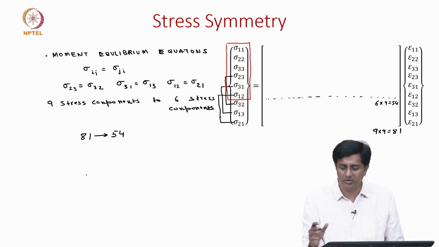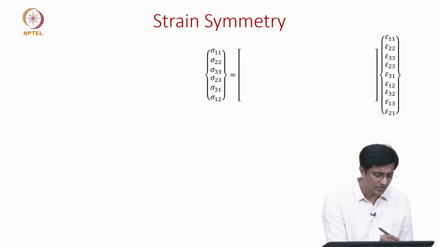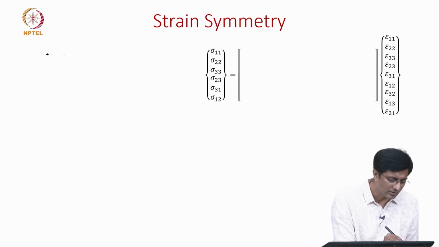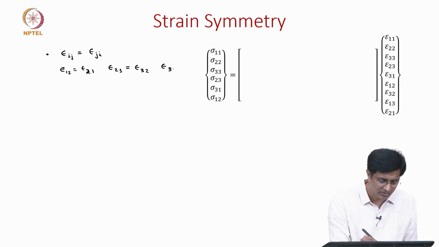Next we will use a similar argument for strain. Again we can show that epsilon ij is equal to epsilon ji, meaning epsilon 1 2 equals epsilon 2 1, epsilon 2 3 is strain 3 2, and strain 3 1 is strain 1 3.